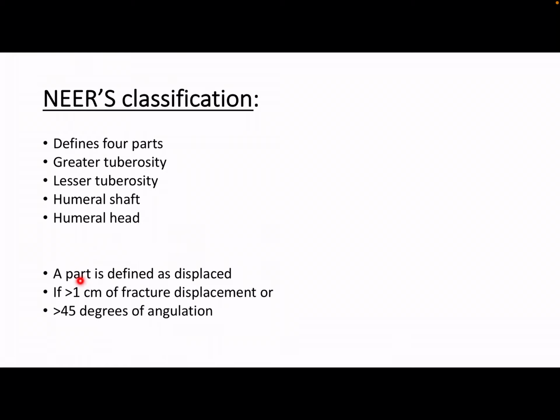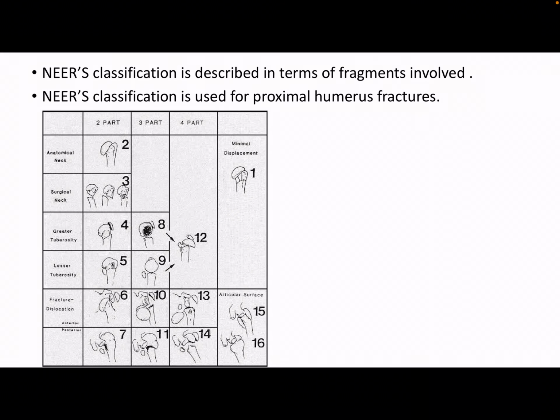So what is a part? When are you going to say that this is a part and it is a fracture? If there is more than 1 centimeter of fracture displacement, or there is 45 degrees of angulation, then it is going to be a part.